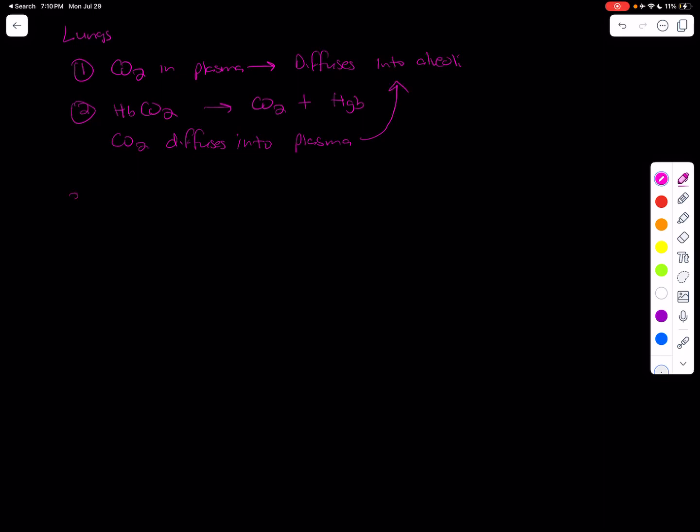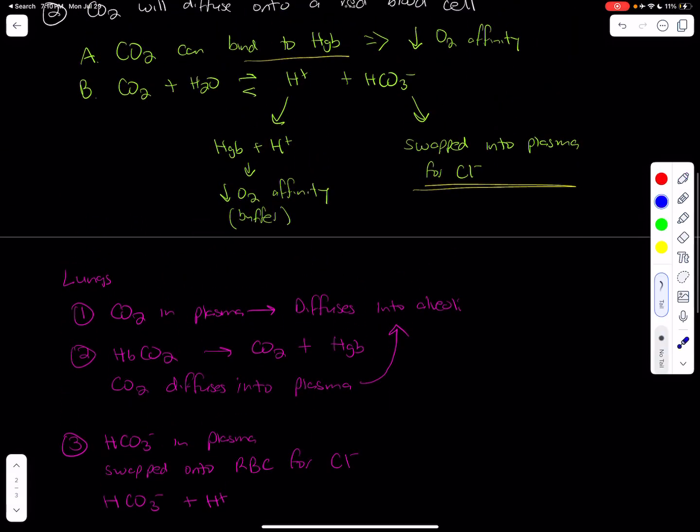All right. So then we've got the bicarbonate. So the bicarbonate in the plasma is swapped onto the red blood cell for a chloride ion. That's that chloride ion shift again. Okay. So now bicarbonate combines with hydrogen ion. Remember, that hydrogen ion was bound to hemoglobin right here.